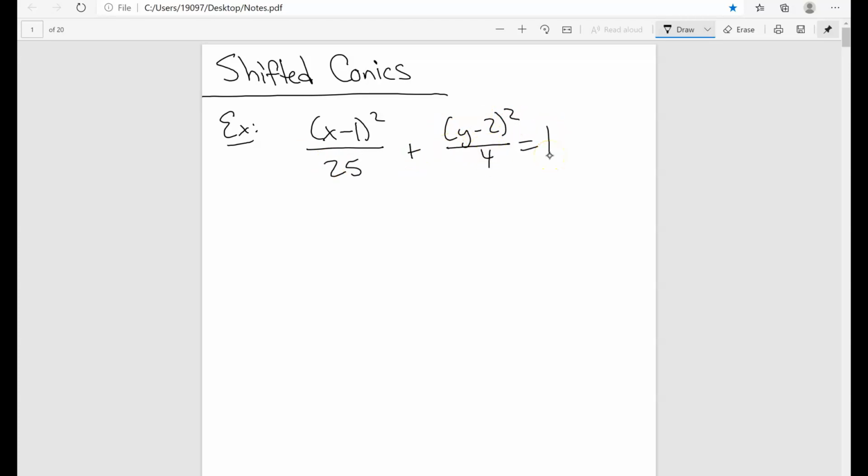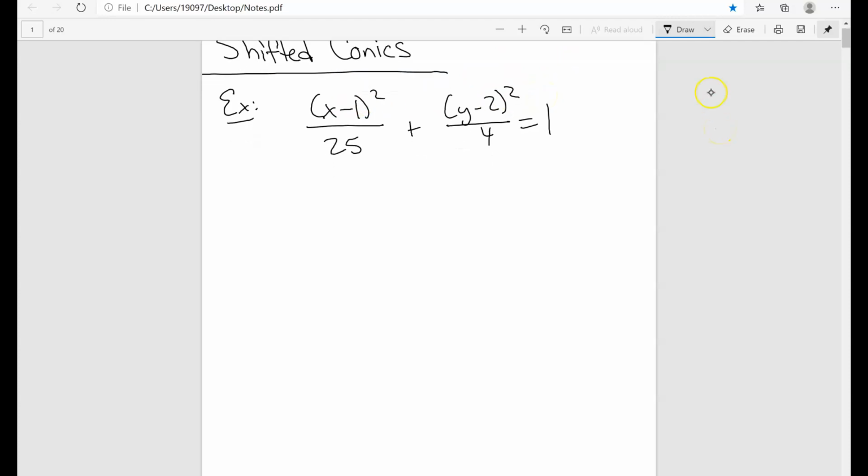Notice here that now the conic is no longer x squared over something plus y squared over something. Now you have something inside of it. So what we want to do is graph this and find the foci. Let's just do those two because I think that might be the hardest part.